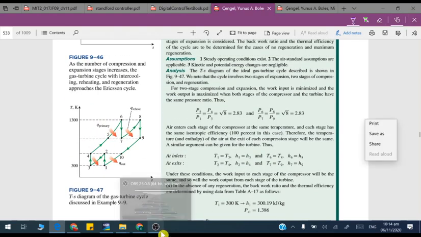So here actually the stages have been increased, so you have to know how to draw this TS diagram for a two-stage compressor. The compressor pressure is increased, then it is intercooled, and ideally you are taking it back to the same temperature as it was at the inlet of the first compressor.